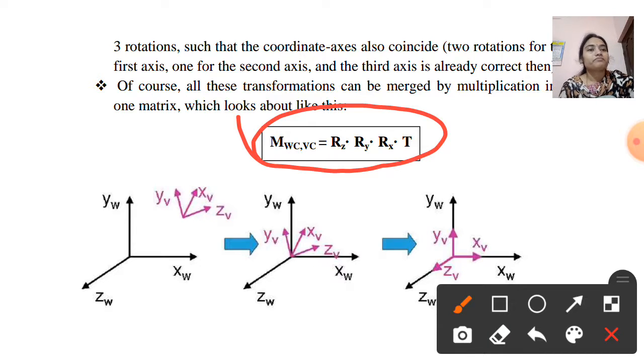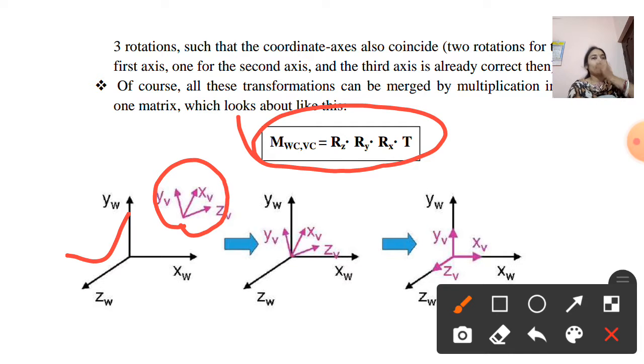That means in this diagram, the black lines are the axes of the world coordinate, and this one is our viewing coordinate. Okay, here in the world coordinate we have xw, yw and zw. In this world coordinate, the viewing coordinate has xv, yv and zv.